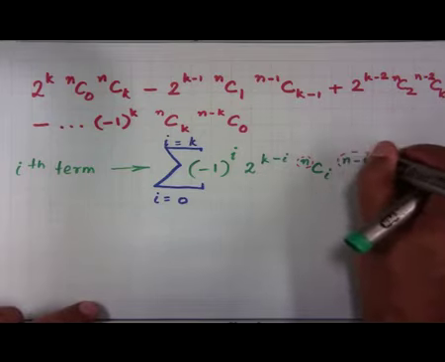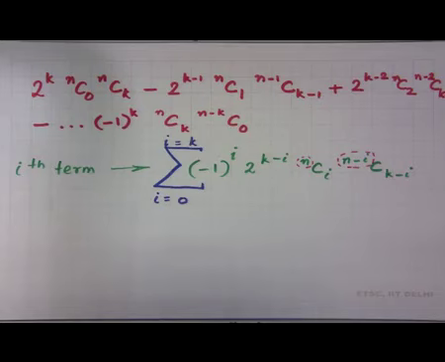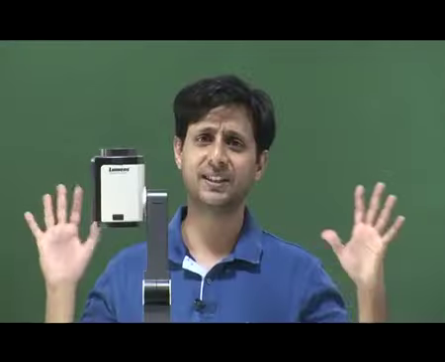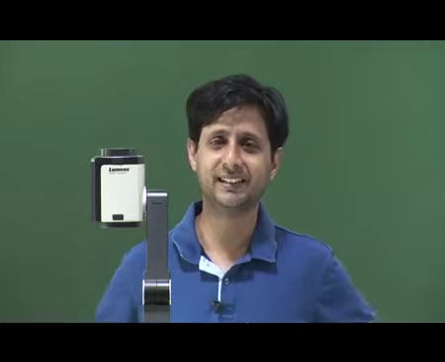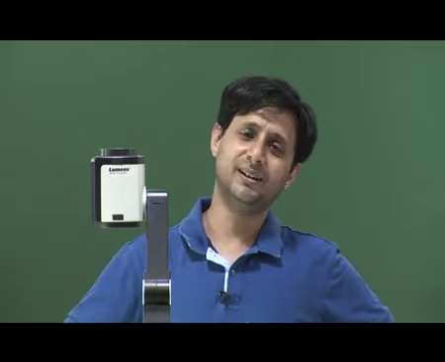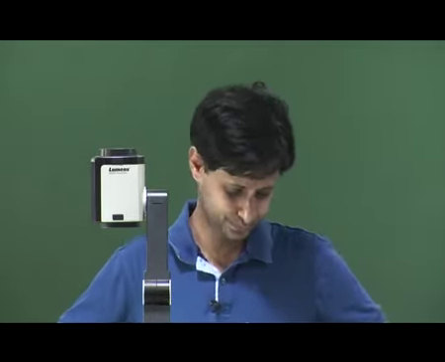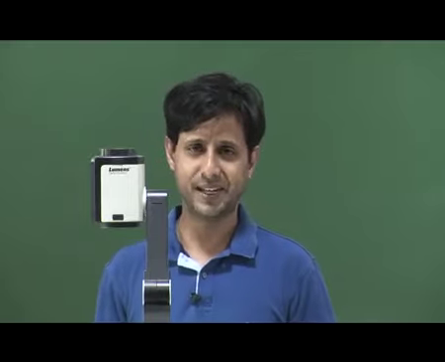So, here it is different. Here it is nCi n minus i C k minus i. So, this is not something very straightforward. It does not fall into any pattern that you know or have seen before.